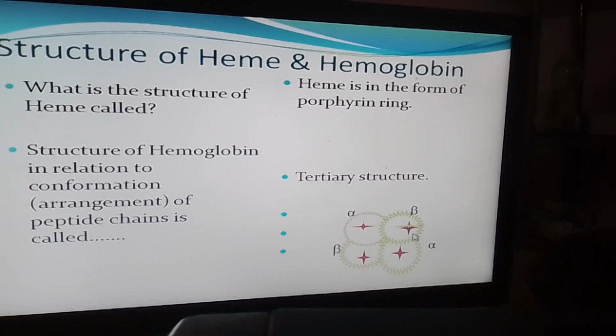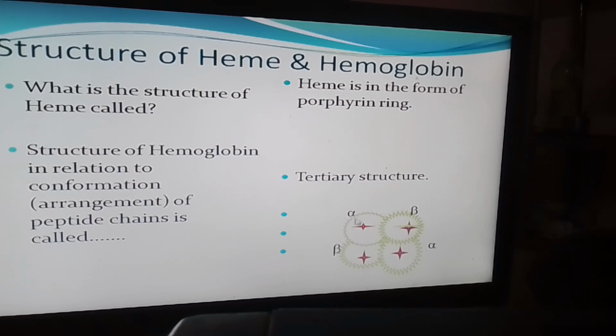And here one more. And here one more. 4 heme structures, each surrounded with one of the amino acid chains. Accordingly, it is called a tetramer, in terms of the number of heme making one hemoglobin.